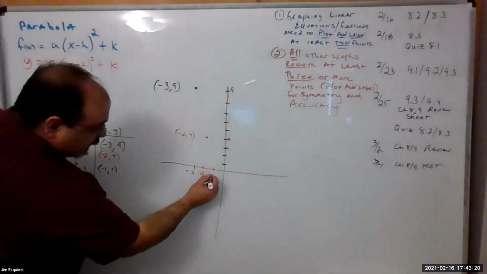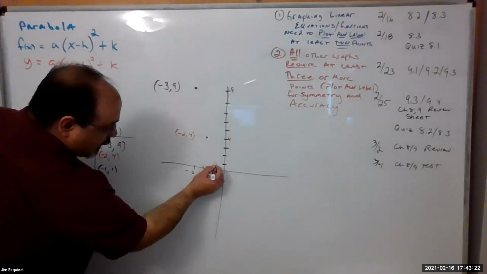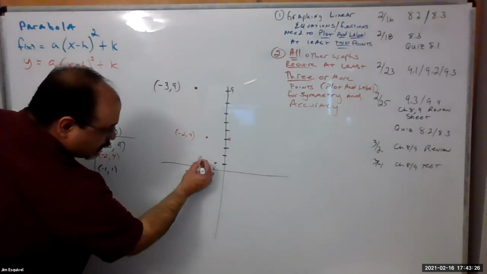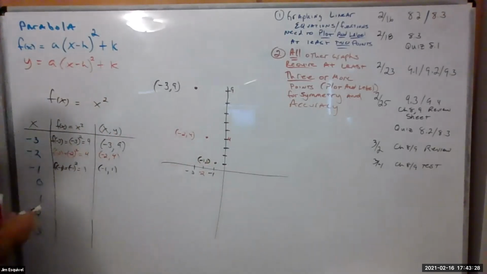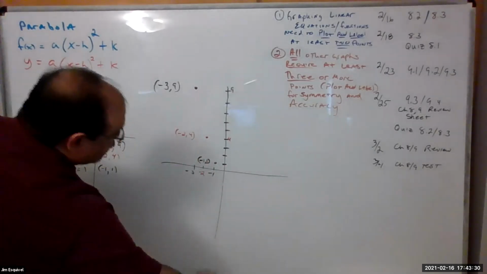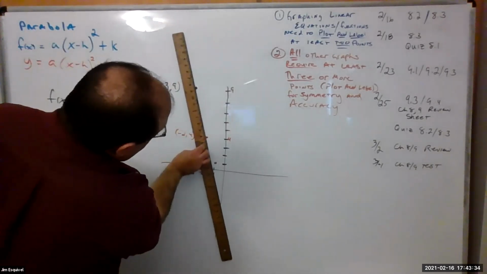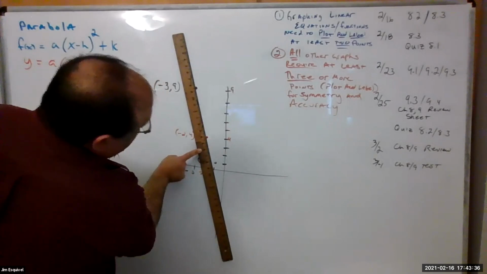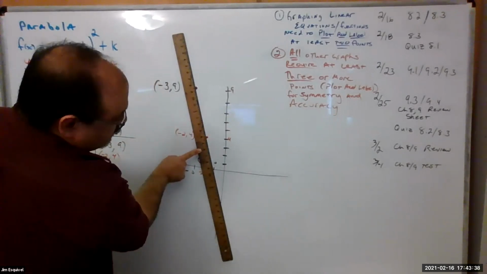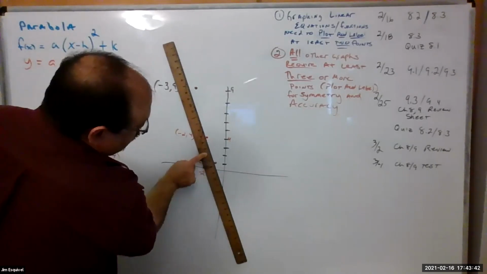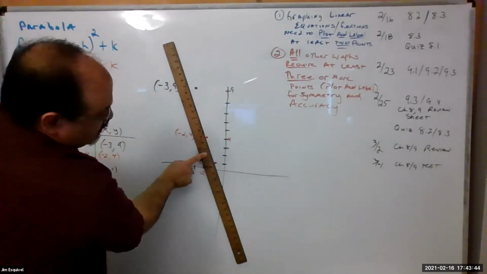So when you plug in -1, we get positive 1, which is right here. And if you look at this, you can see on my crude scale, they're not on the same line. If I draw a line between 2 points, the third one's not on it.